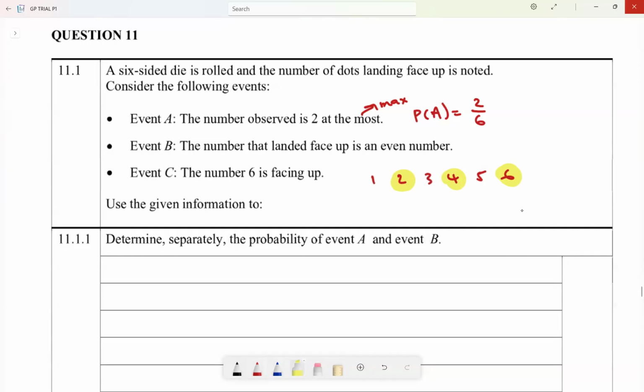How do I know even numbers? I was always struggling with even and odd. But now I check: even has 4 letters, and odd has 3 letters. So even is 2, 4, 6, and odd is 1, 3, 5.